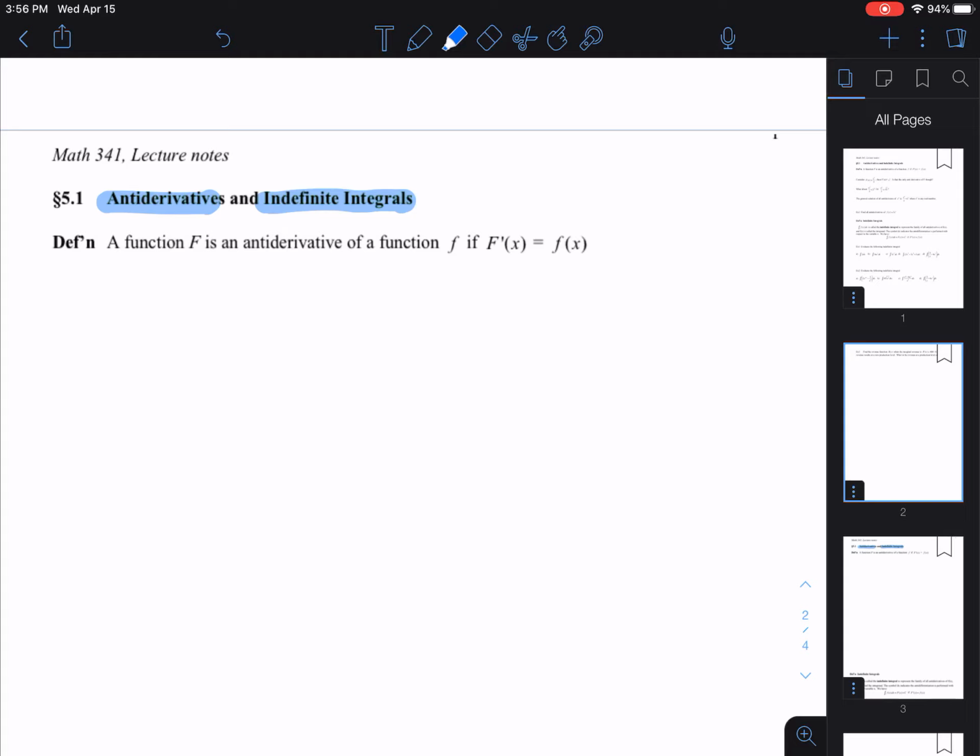So anti-differentiation, or antiderivatives: you're given a function and you ask, okay, what function, if we take its derivative, gives this function?